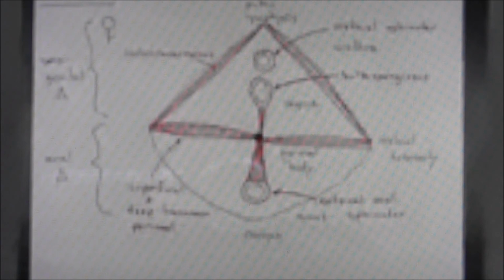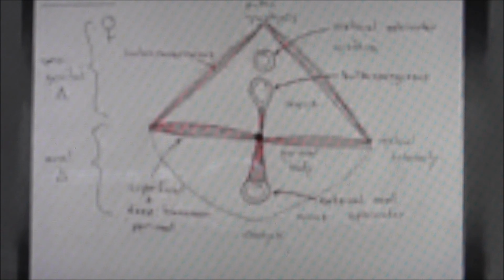So ischiocavernosus and bulbospongiosus share a function of being located superficial to erectile tissue, which we will talk about in detail. And so we find these two muscles spanning these two regions. And that is the perineum.